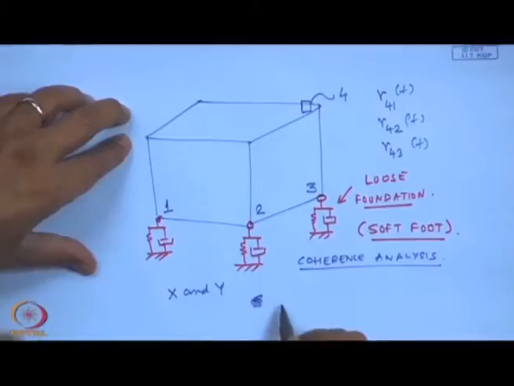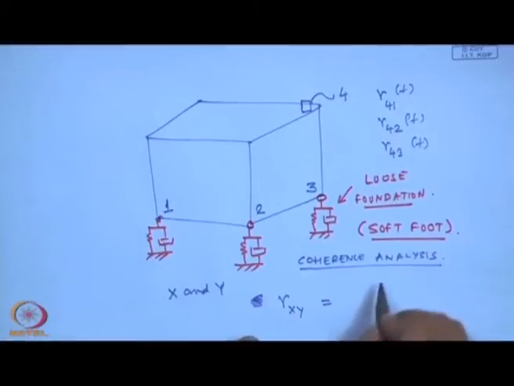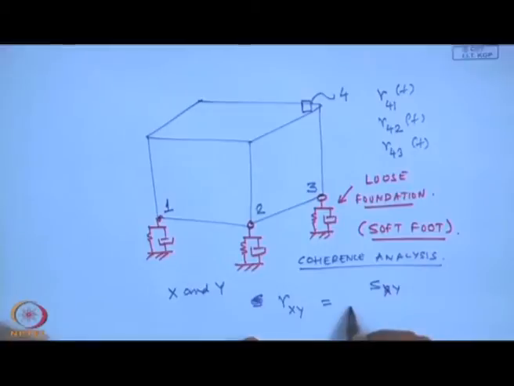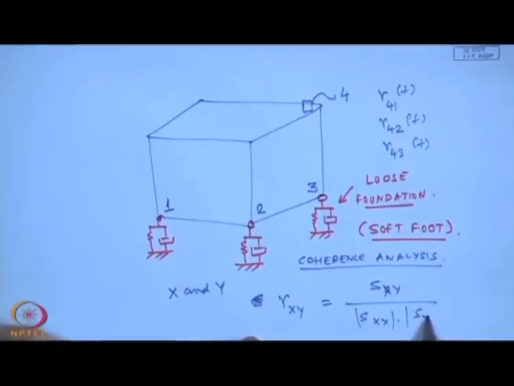So, gamma x y squared is nothing but S x y by S x x times S y y.